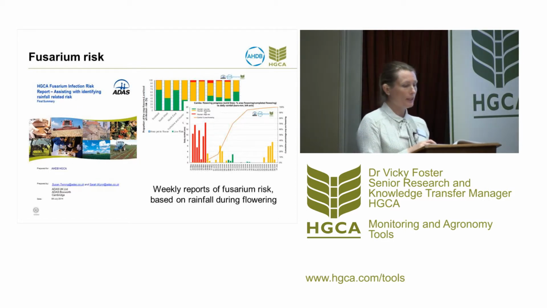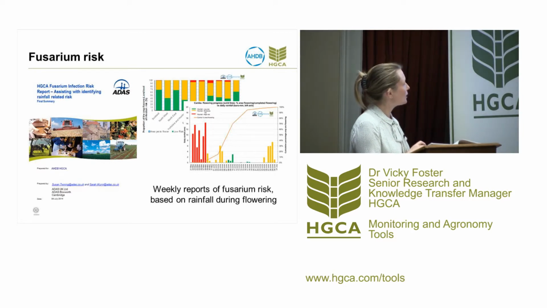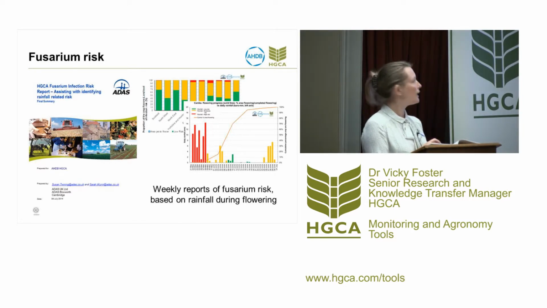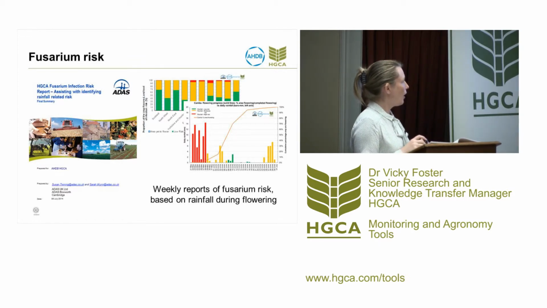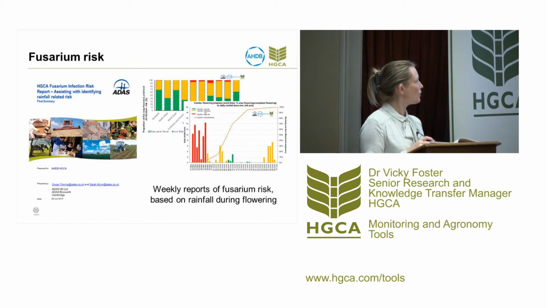Some of the work that we do on cereals, obviously forecasting of fusarium risk and associated mycotoxins, is very important for the industry. There's a new piece of work that we started this year with ADAS, and this was really to try and get a better handle on the forecast of this fusarium risk, and we produced some weekly reports that were based on rainfall during flowering.